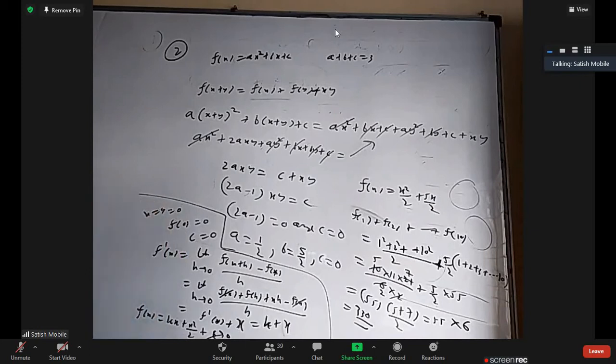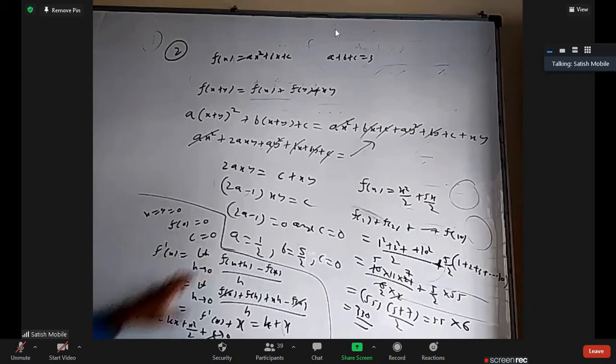Yeah. So he himself gave it as ax square plus bx plus c, but frankly I did not use it. Please listen carefully. They gave f of x equal to ax square plus bx plus c, but it is not important. I can find that it has to be that only, nothing else. Why? I found f dash x. I got k plus x. If f dash x is linear in terms of x, f of x must be quadratic. And when integrated, k integral is kx, x integral is x square by 2, and c is already 0.